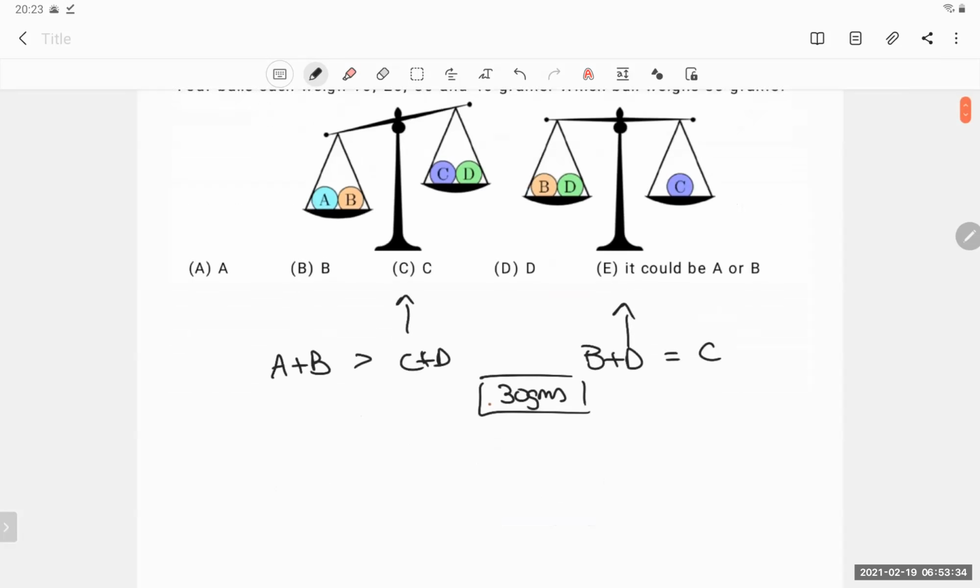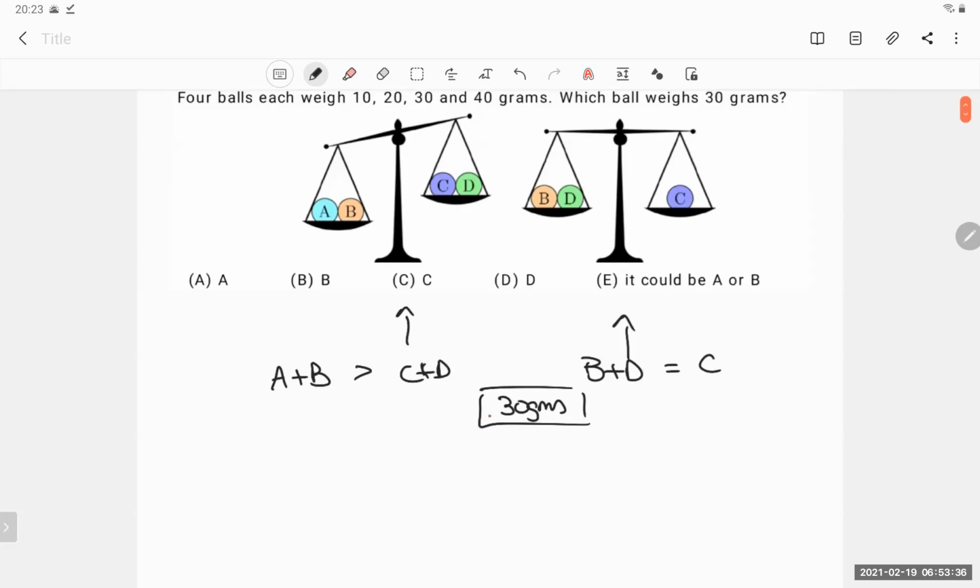Can somebody attempt this question and give me an answer? I want you to think logically. Do not solve any equations. I don't want you to solve any equations. I don't want you to even use the hit and trial, trial and error method also. I want a logical explanation of which one you think could be 30 grams.